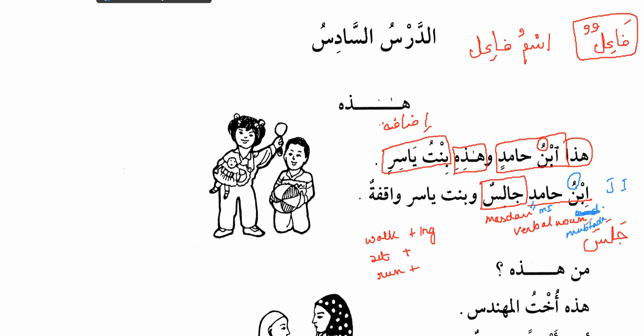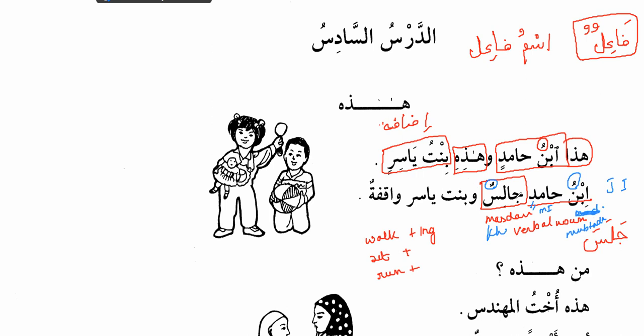Mubtada means the starting noun of the sentence in jumla ismiya, that always has a dhamma, the marfu case, so it will have a dhamma here. And jalisun, since it is a khabar, will have a double dhamma. Know that the khabar is always nakira.